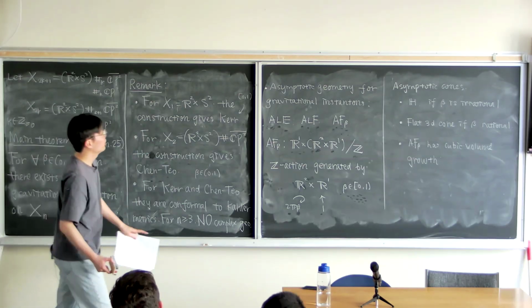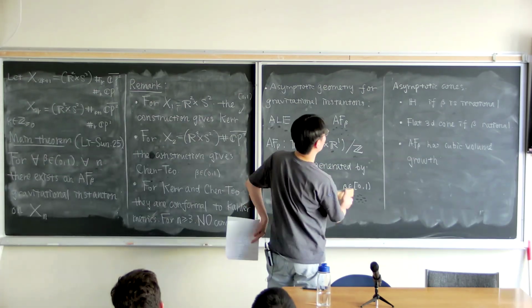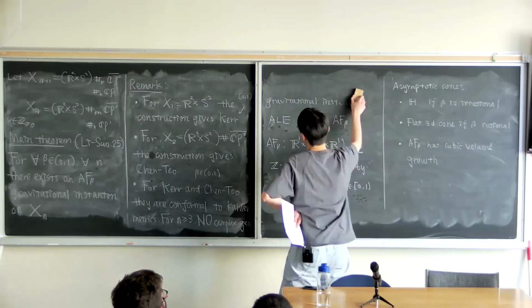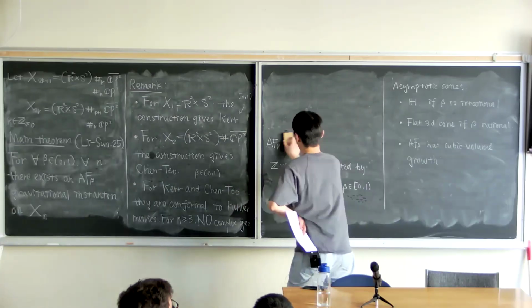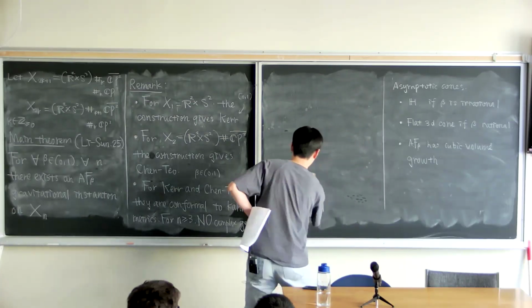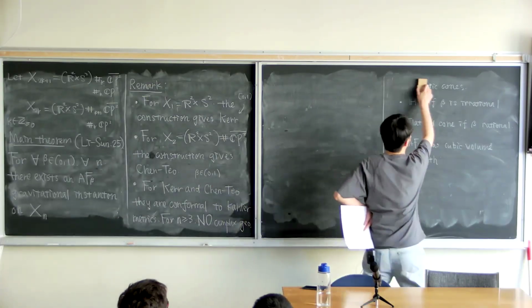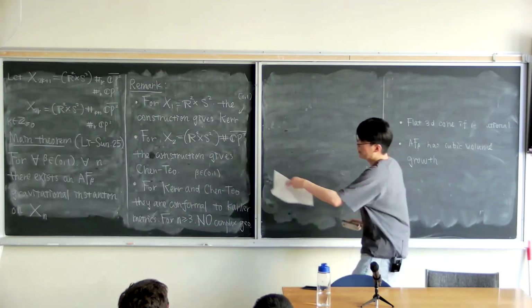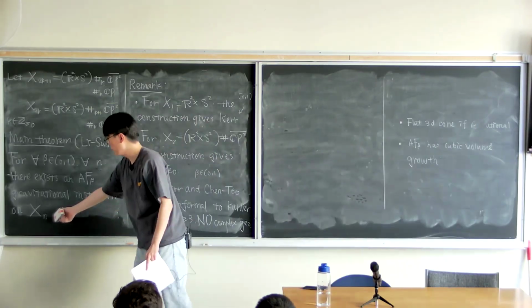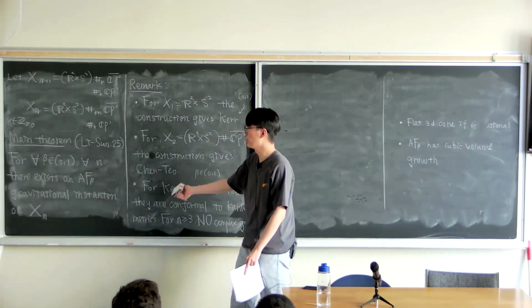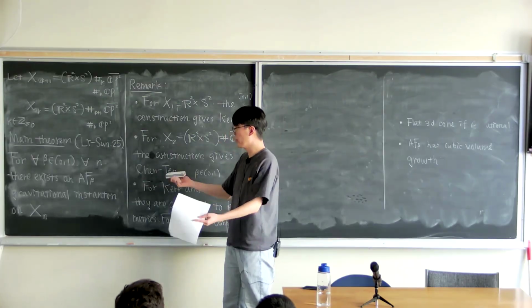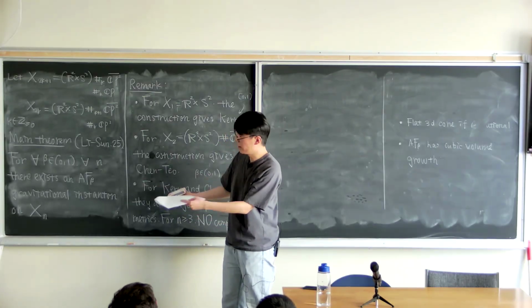All right, so today, I think I can erase that. This is the less important page. Today I'll be focusing on running this construction for n equals 2. N equals 2 means the Chen-Teo case, but the construction for n greater or equal to 3 shares the same idea.